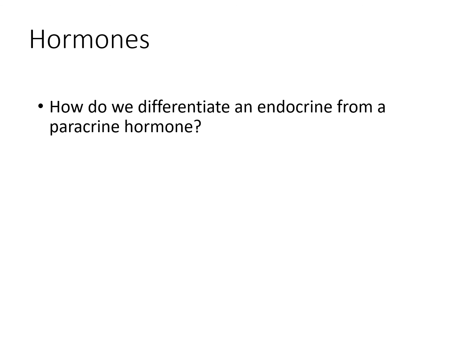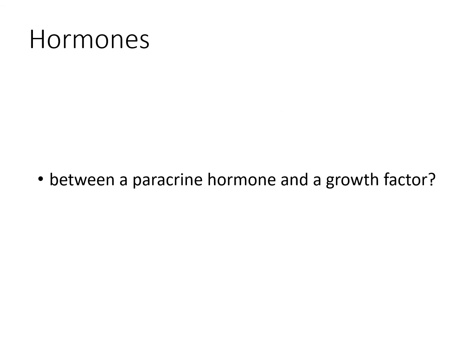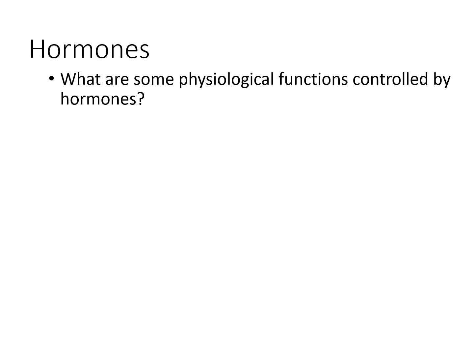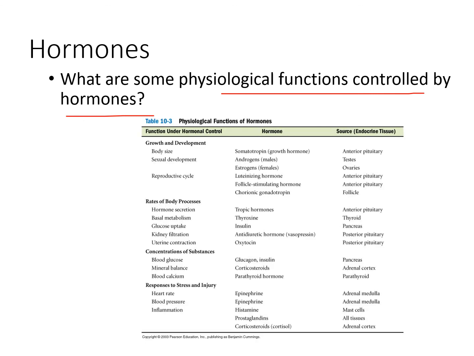You just repeat the introductory parts that we had before. So between the paracrine hormones and growth factors, what are the differences between them? And what are some physiological functions controlled by the hormone? These are things that you can answer by looking at the table in the previous slide. So I just repeat this again.